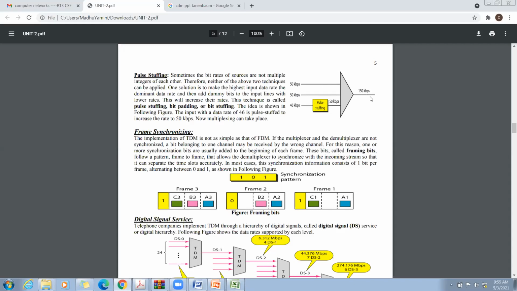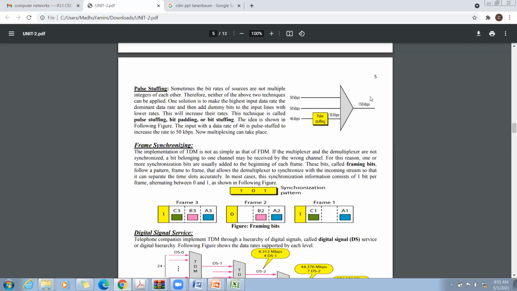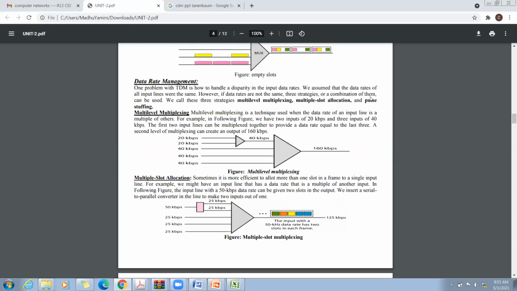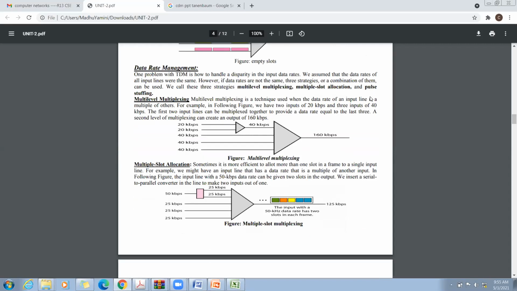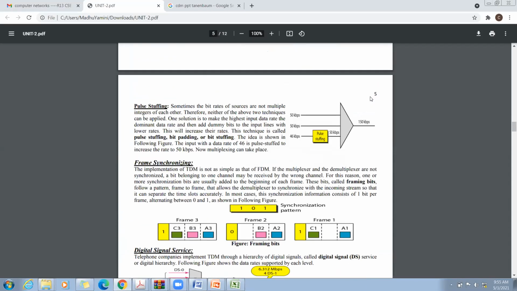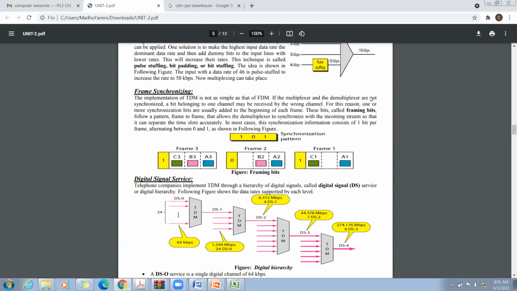This is called pulse stuffing. These are multi-level multiplexing, multiple slot allocation, and pulse stuffing.